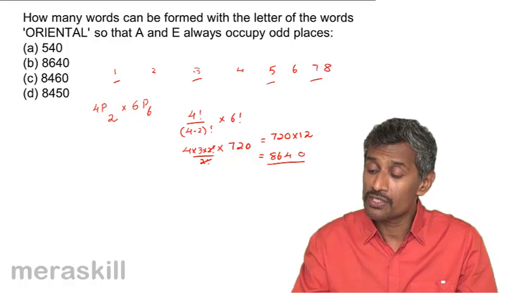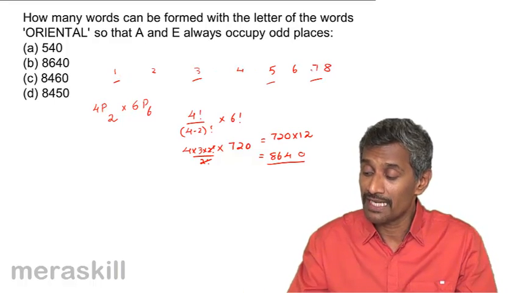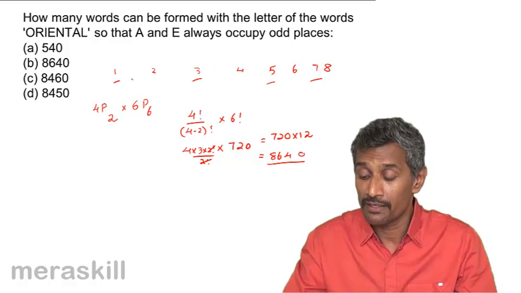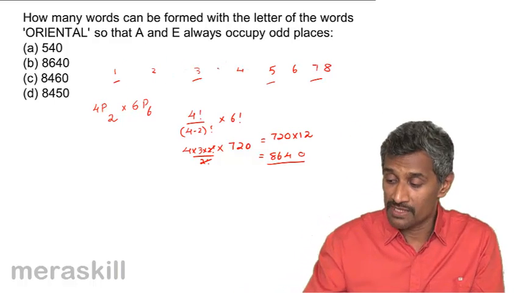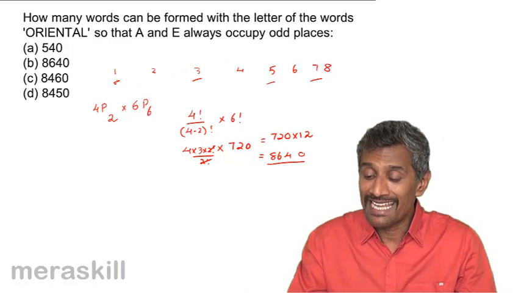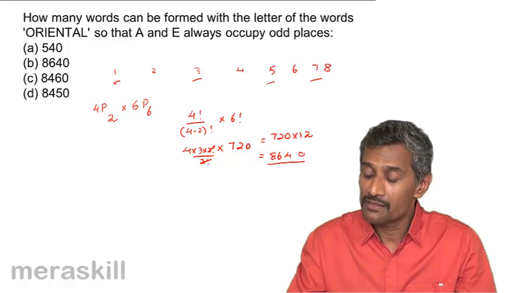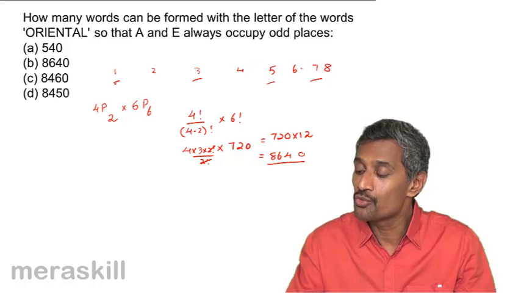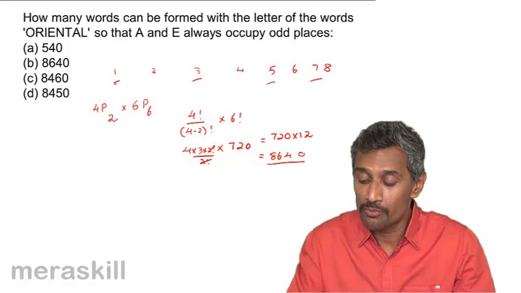If we understand the logic, suppose these are the letters. Now what they are, there are so many possibilities. But it is clear that A and E will occupy any 2 out of 4 odd places. So it's going to be 4p2.